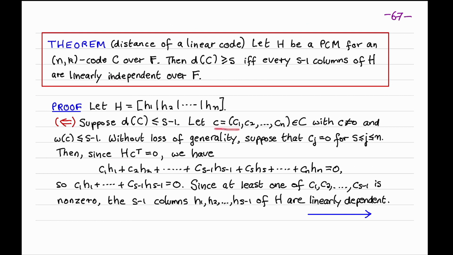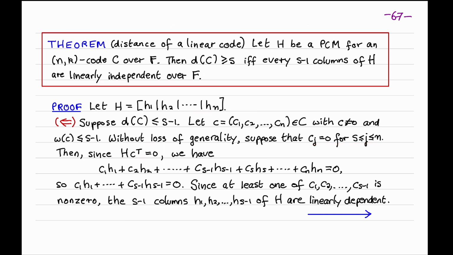Let c be a non-zero code word of weight at most s minus 1. This code word exists because C has distance at most s minus 1. Now, without loss of generality, let me suppose that the non-zero components in the code word c appear in the first s minus 1 components of c. In other words, the components of c from the sth component to the nth component are all 0.